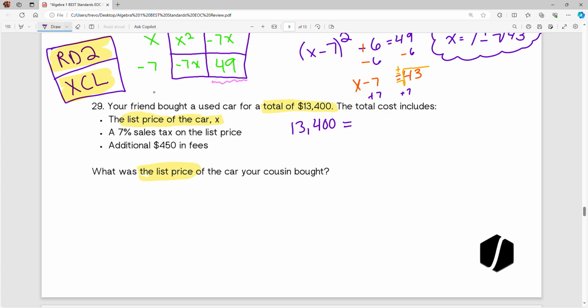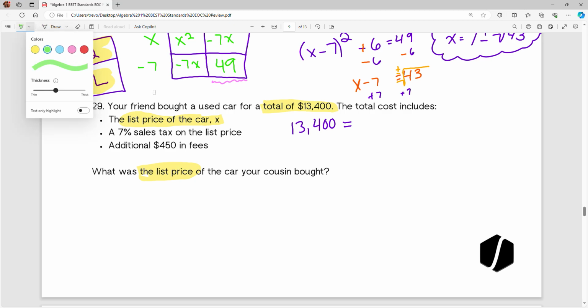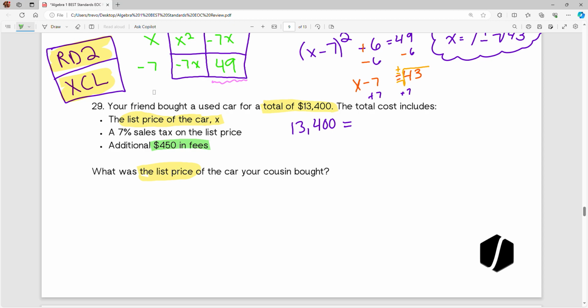So I know this additional fee was just added off on the end. There was no tax on that. But for our list price of the car X, they paid the price and a 7% sales tax.